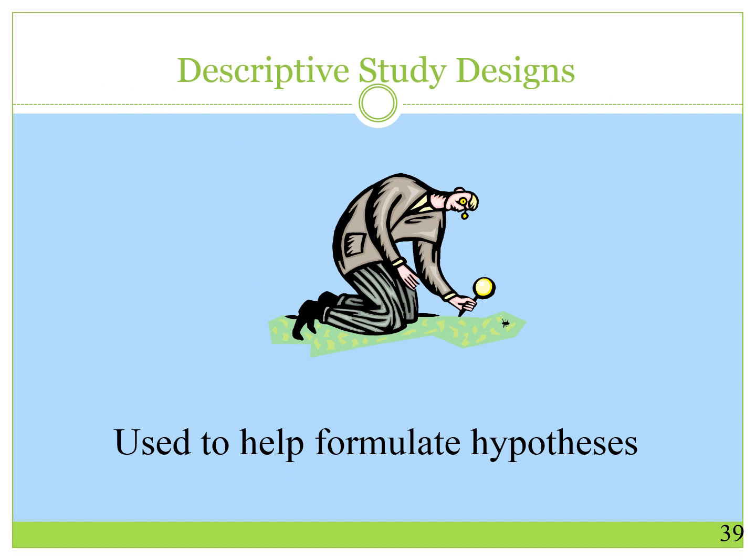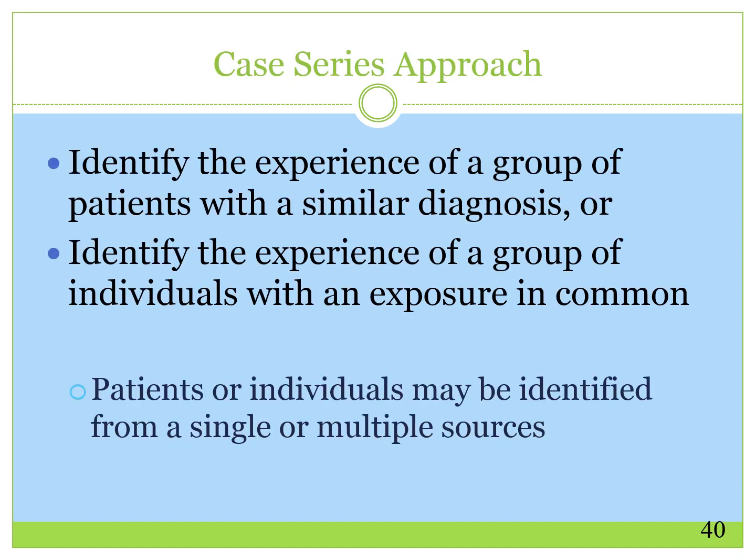A descriptive study design is used to help formulate hypotheses, where in a case series approach, you can identify the experience of a group of patients with similar diagnosis, or identify the experience of a group of individuals with an exposure in common.